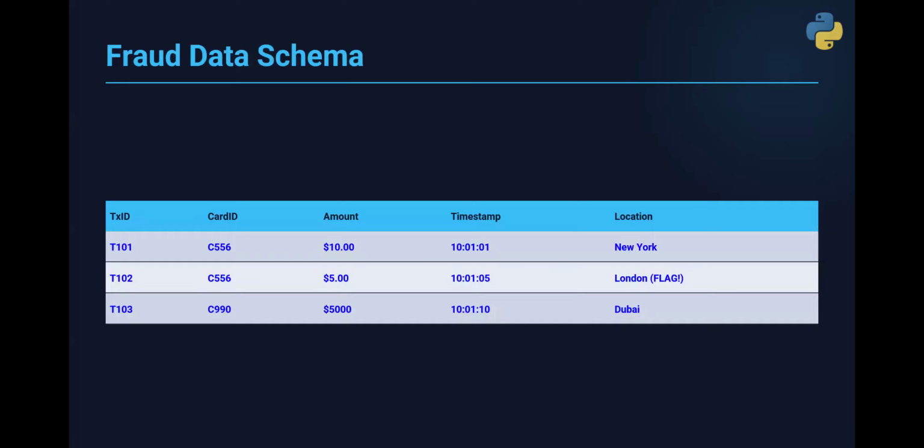So whatever you see here, the amount 5,000 maybe in Dubai, which happened, may be a fraud because the amount is very heavy. And for this particular card ID, like 56 and 56, only two transactions happened. And whatever you see here, a London location transaction may be a fraud.